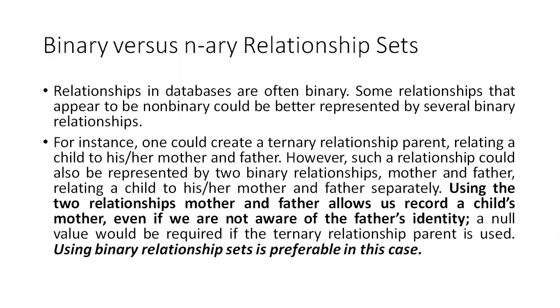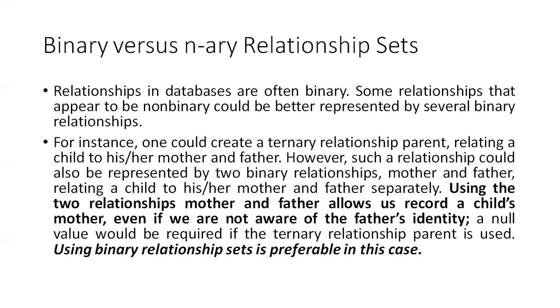To make you more clear, read the example again. There is a situation in which three different entities are there. One is mother, another is father, and one more is child. So this can be a ternary relationship. Child belongs to mother, child belongs to father. If mother is there for a particular child and father is not there, then that father's entry has to be made as a null.